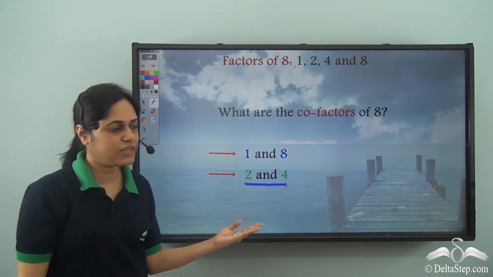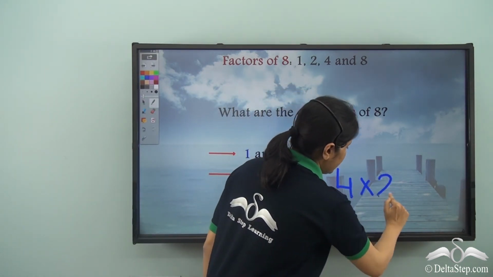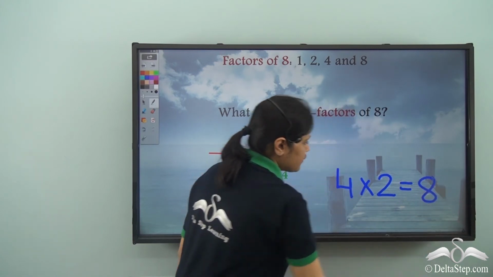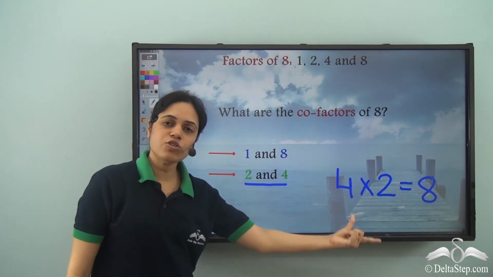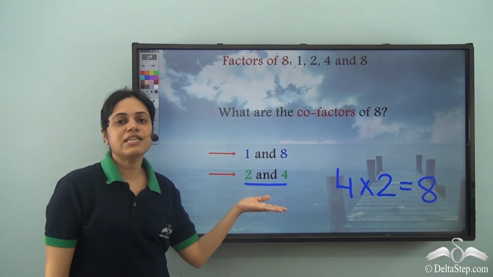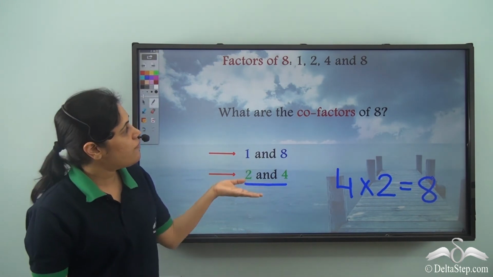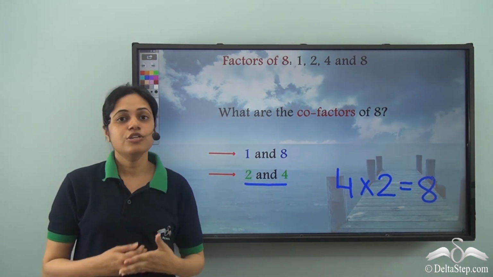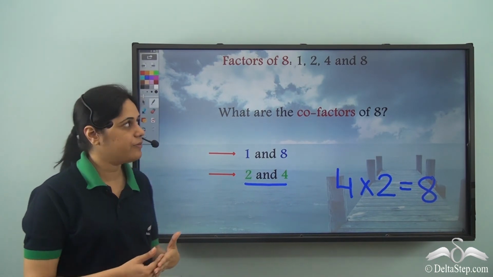It's all the same thing, because 4 into 2 is also 8. So 1 and 8 and 2 and 4 are the cofactors of 8. This is how you can find the cofactors for any number.